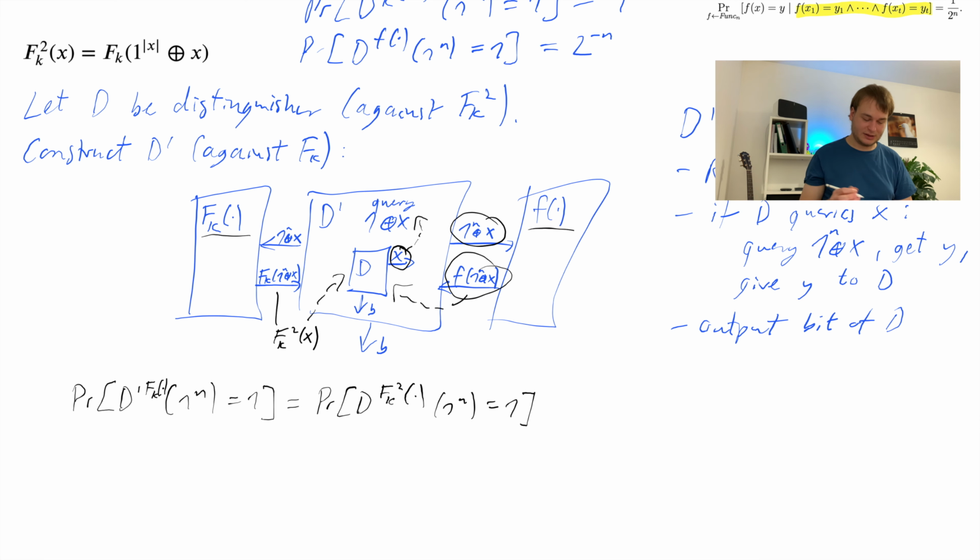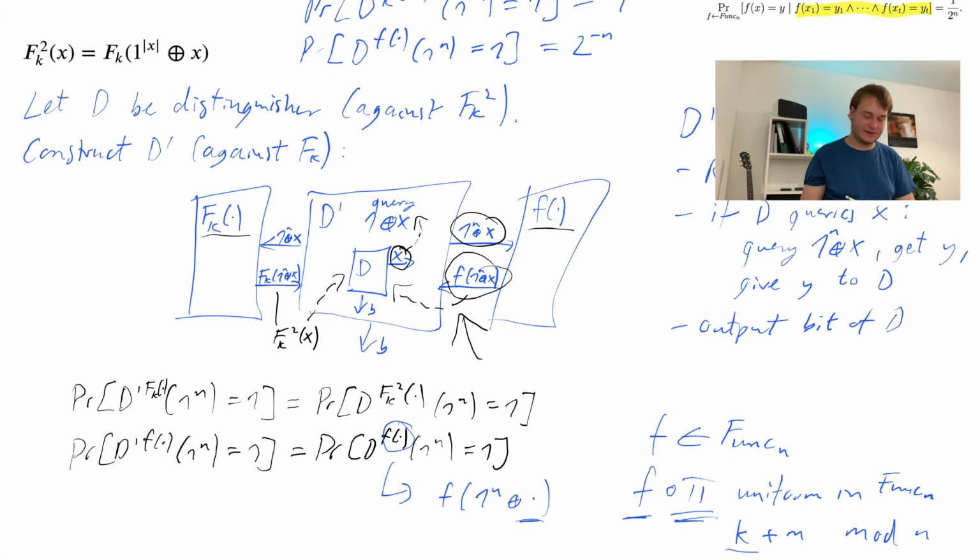And then the other thing is the probability that d prime that we constructed outputs 1 if it's given access to a properly random function. And well, the way that we constructed this, we know that this is also just the probability that d outputs 1. So the probability that d prime outputs 1 is basically the probability that d outputs 1.